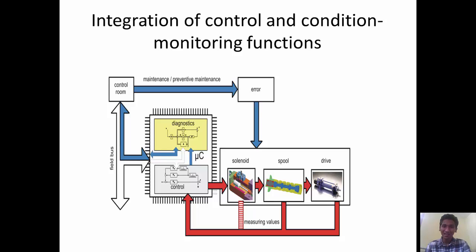The errors we find will go again to the solenoid valve. So this is a feedback loop system. If there is any particle or contaminated air inside the fluid, we can easily identify it by using the feedback system.